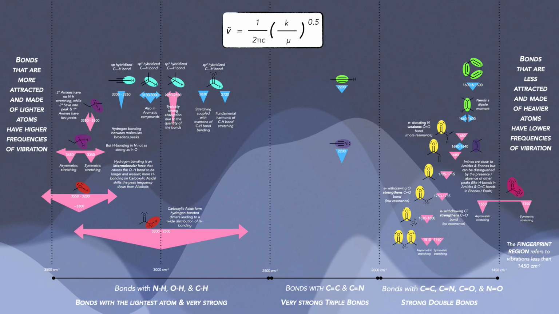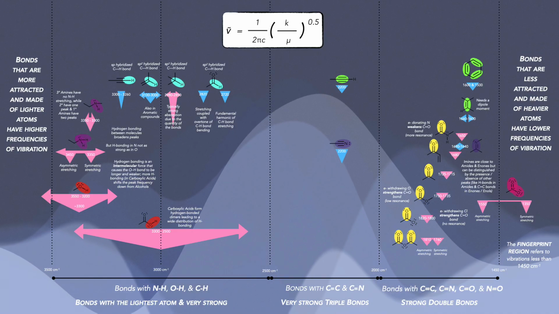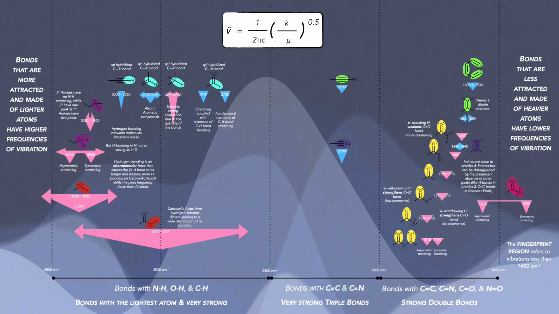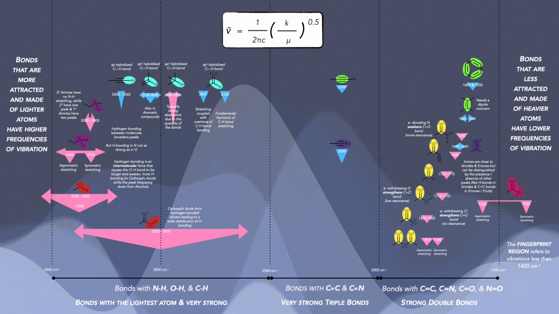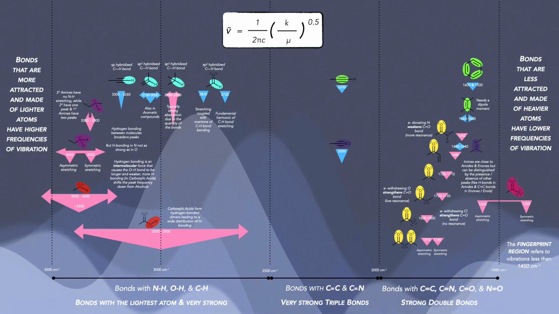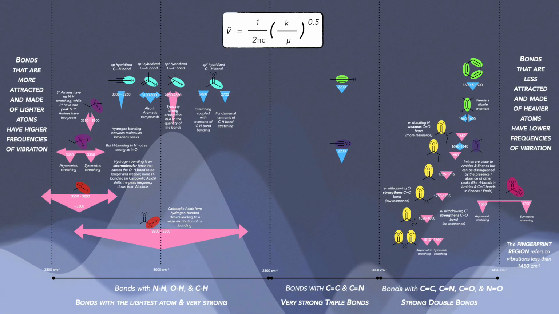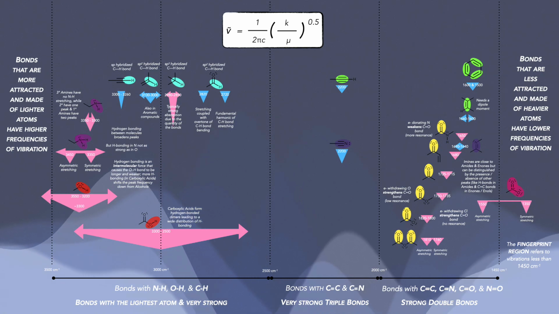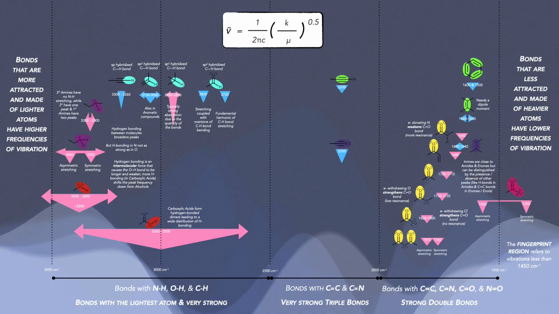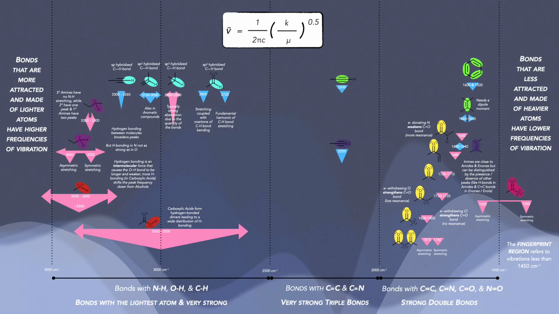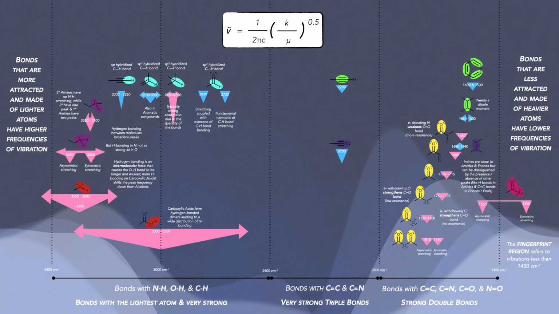Lighter atoms also will vibrate faster, while heavier atoms vibrate slower. You can see triple bonds absorb higher frequencies than double bonds. And double bonds, of course, absorb higher than single bonds. But all bonds involving hydrogen, the smallest atom, appear very high on the spectrum because hydrogen is so light.